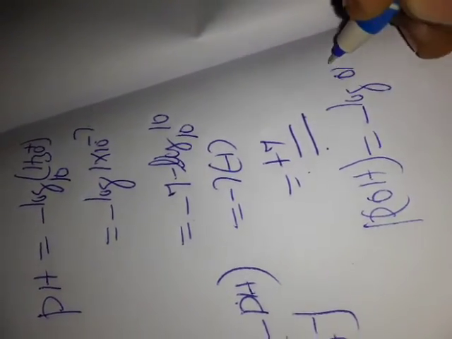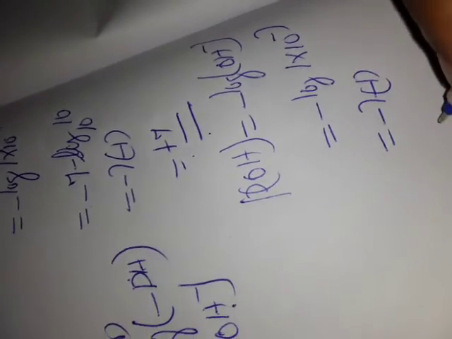Similarly, pOH we can also calculate. pOH is equal to minus log to the base 10 of OH minus ion concentration, that is minus log to the base 10 of 1 into 10 power minus 7. So minus 7 into minus 1, that is plus 7. pOH is also equal to plus 7.